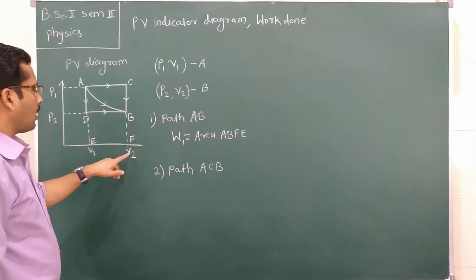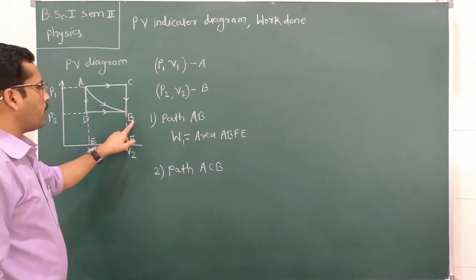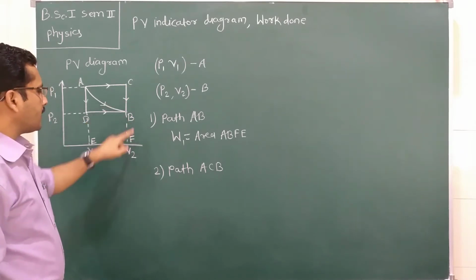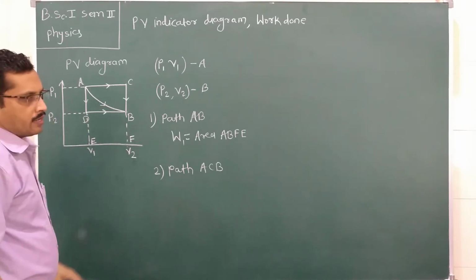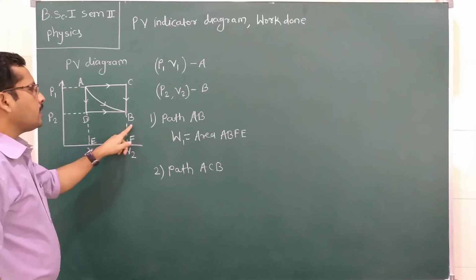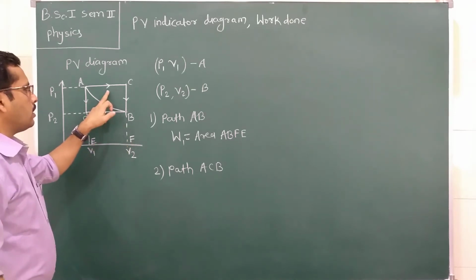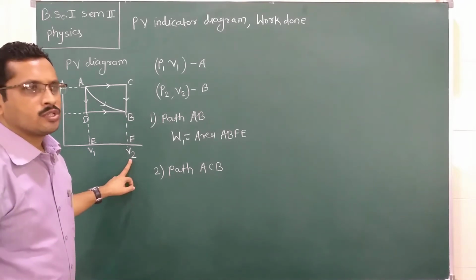Then after reaching point C, it goes to the point B, but in this case the volume remains constant and the pressure goes on decreasing. So when traveling from A to B, first its volume changes and then its pressure changes.